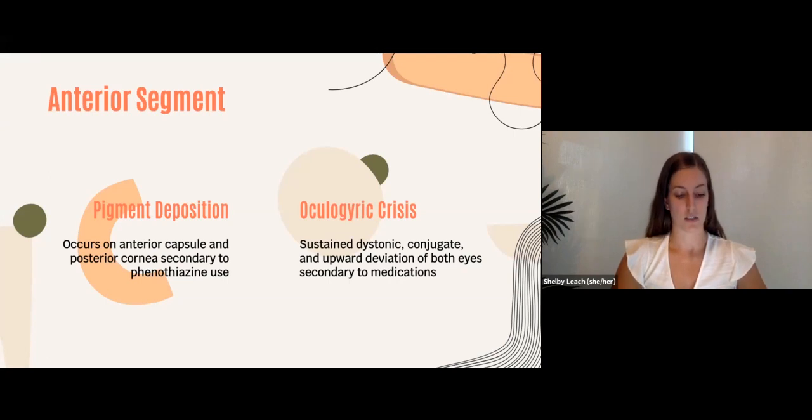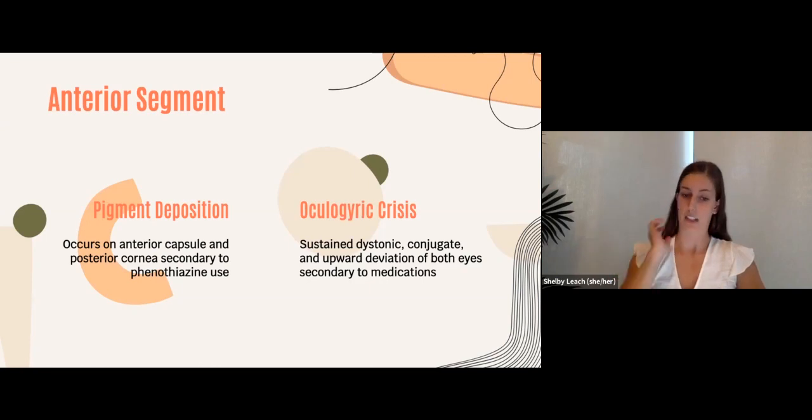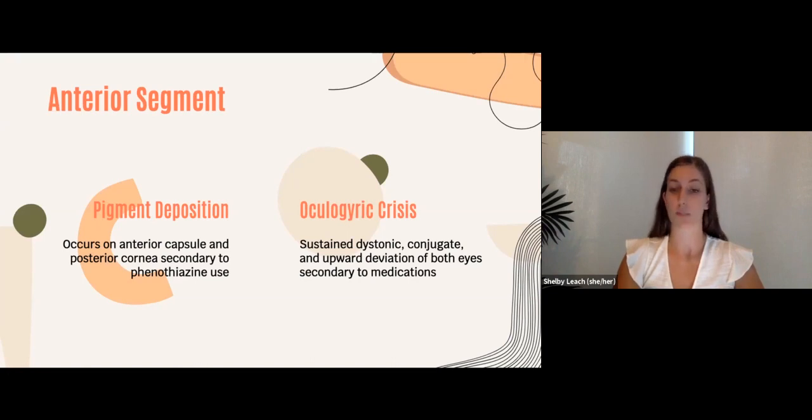Oculogyric crisis. So this is sustained dystonic, conjugate, and upward deviation of both eyes secondary to medication use. It can last anywhere from seconds to hours. It may be accompanied by other symptoms such as increased blinking, blepharospasm, increased blood pressure, pupil dilation, and facial flushing, among other things.